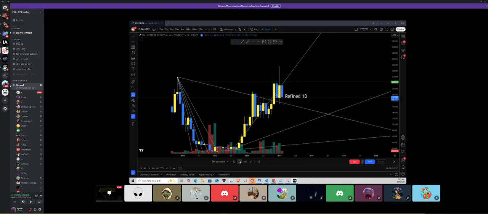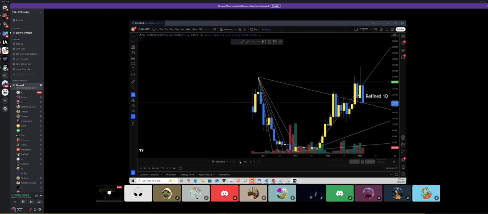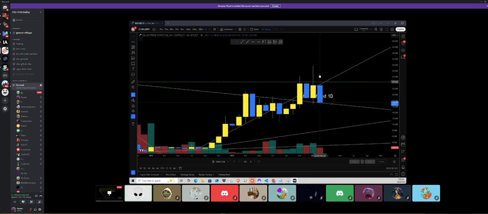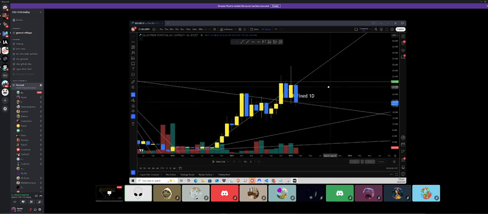Okay, that one doesn't. And so this has not actually broken our monthly support trend. All our weeklies are screwed, but this hasn't broken our monthly. The next one, if it opens and closes in distribution, breaks that monthly, and that's when you start to see that bigger move to the downside.